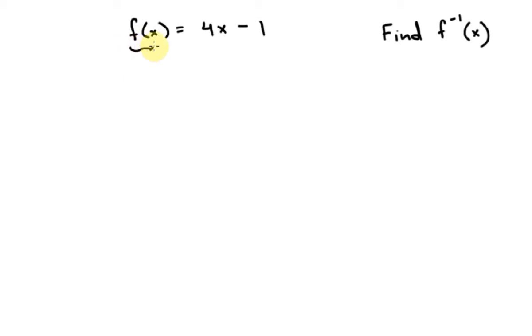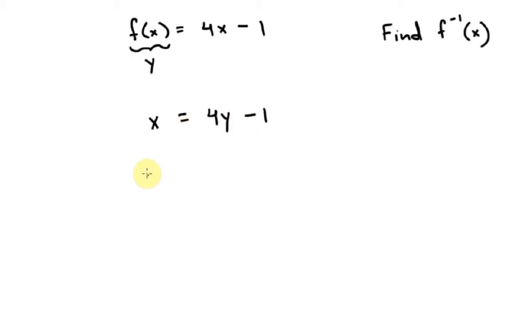By the way, f of x is the same thing as y, right? So when we switch x's and y's, the first y here becomes an x. And then we have 4x, which I'm going to write as 4y minus 1. So we've switched it all up. It's all good. All I've got to do now is isolate the y. I want to solve for y.